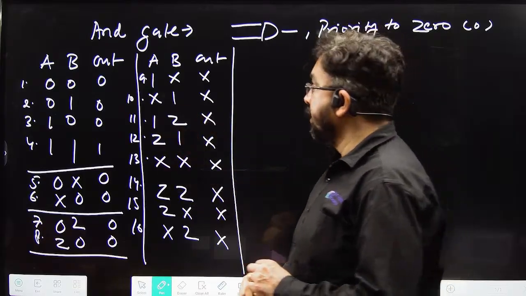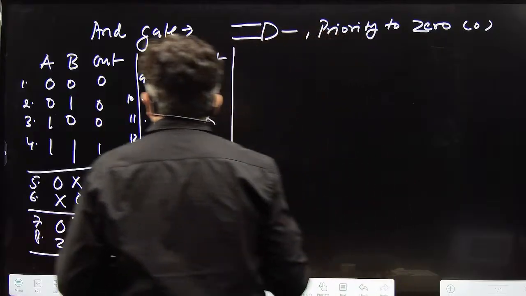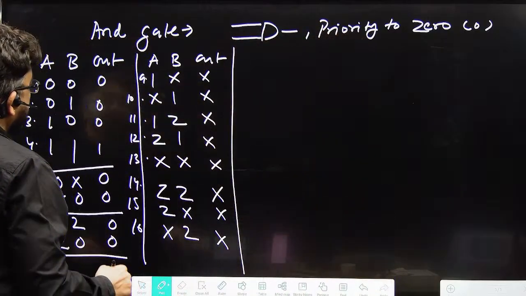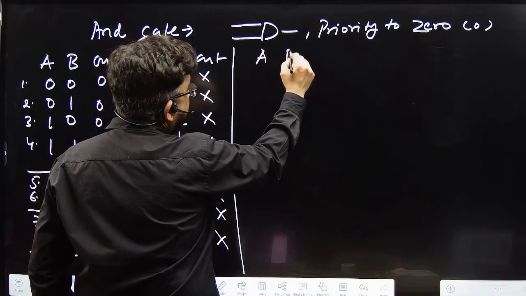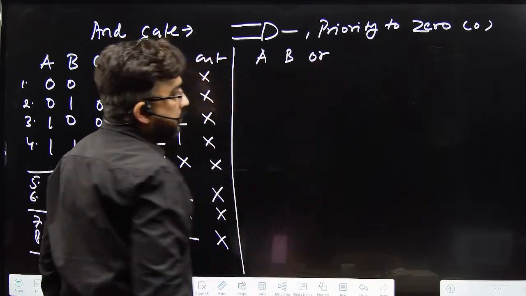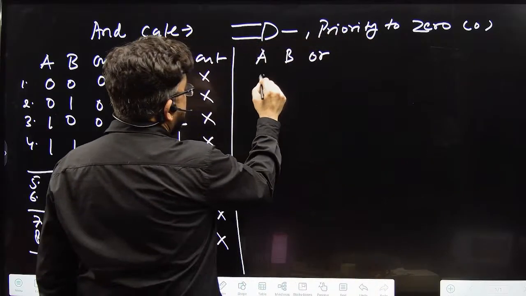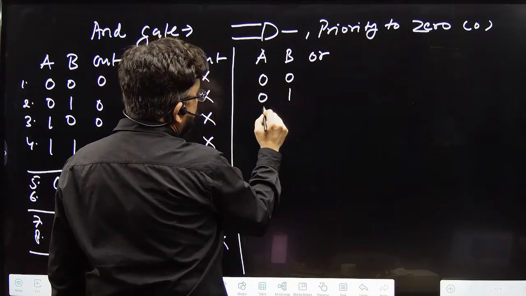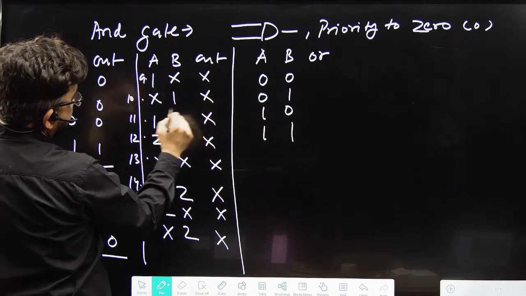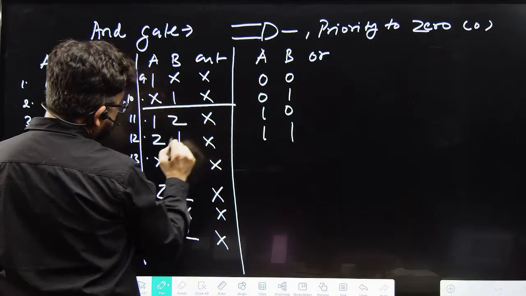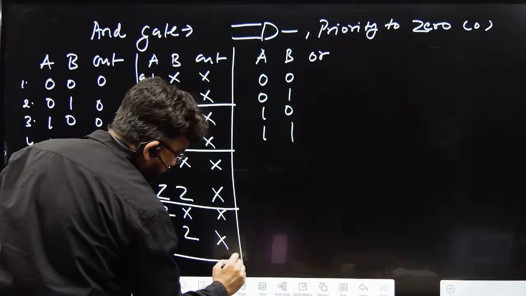So this is one example of an AND gate. Now let's take the example of an OR gate. A, B, OR. So 0 0, 0 1, 1 0, 1 1. Let me first differentiate: this is one case, this is one case, this is one case, and this is one case.